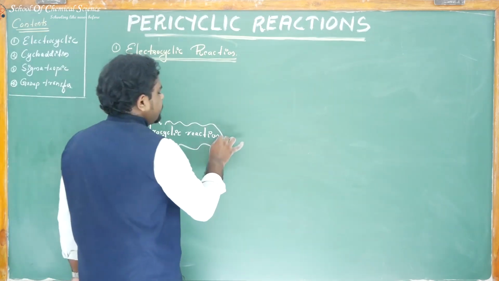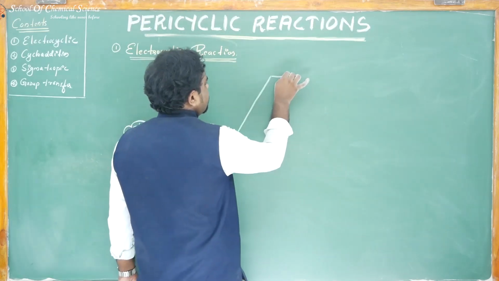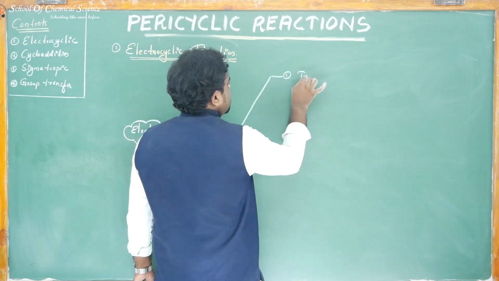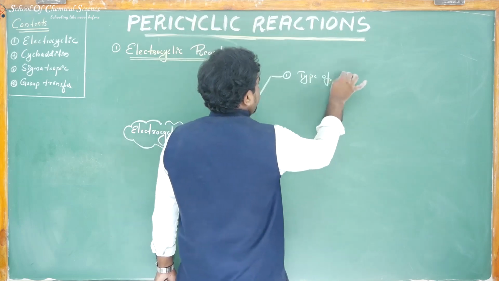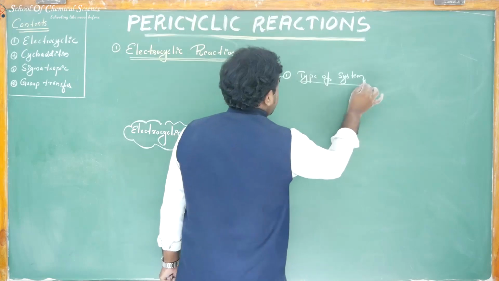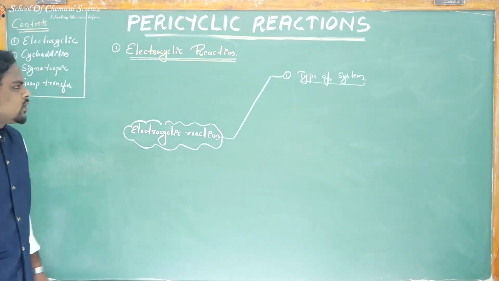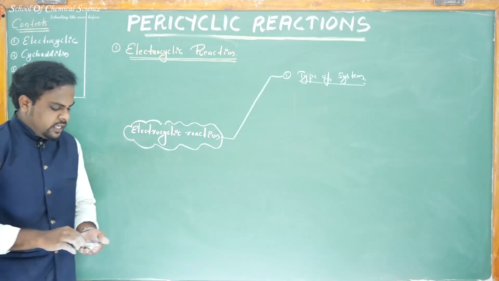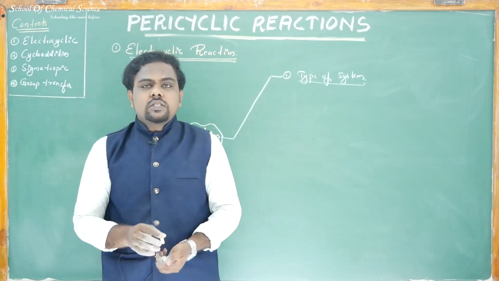First one, type of system. In order to study electrocyclic reaction, the first thing that you have to study is the type of system.